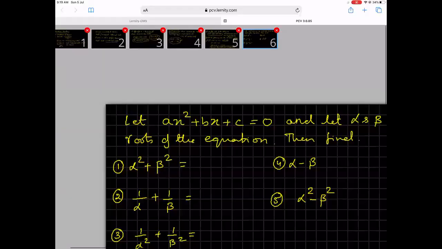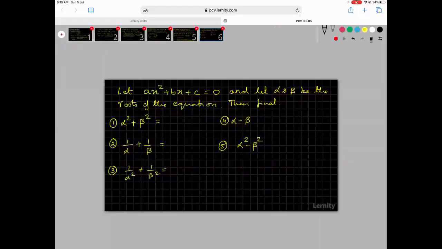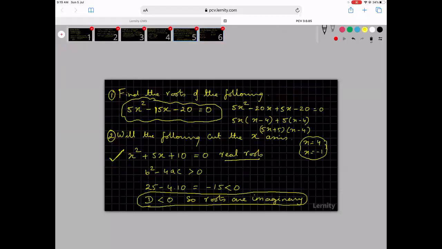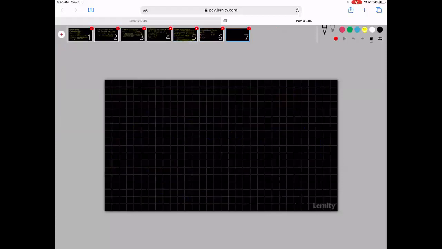Okay, so for the roots of the equation, I'll write it again and then explain. So the question is 5x square minus 15x minus 20 is equal to 0. There are two ways I can do it. In the first step, I can take 5 common. So it becomes x square minus 3x minus 4 is equal to 0. Now I think of breaking it up into two factors.